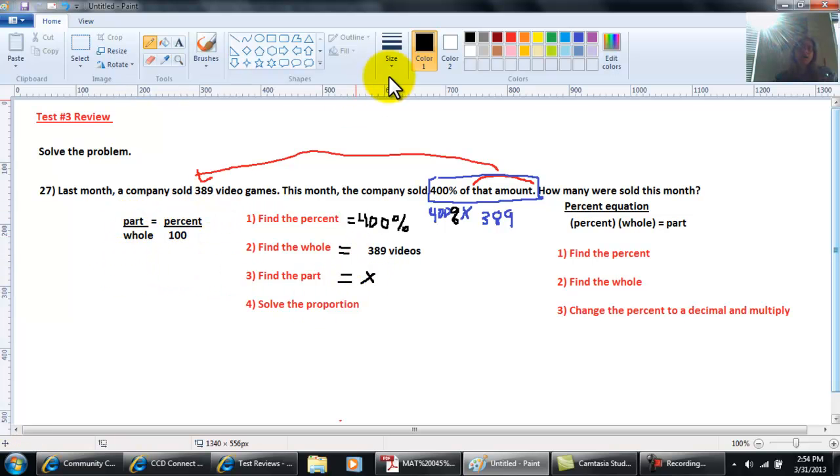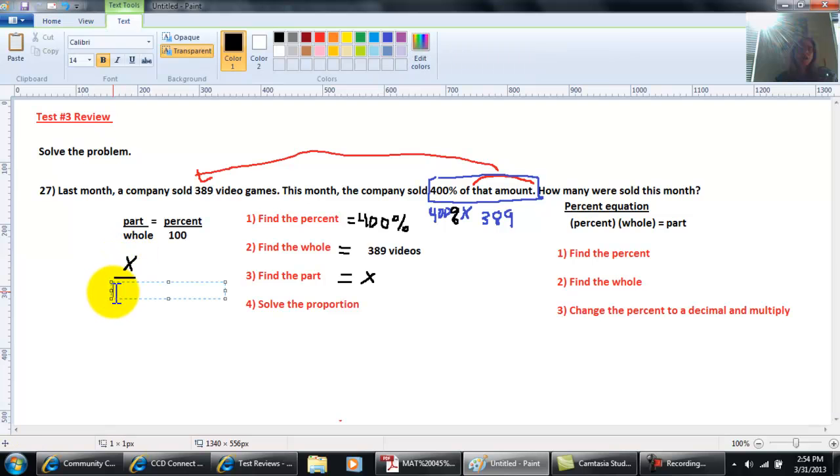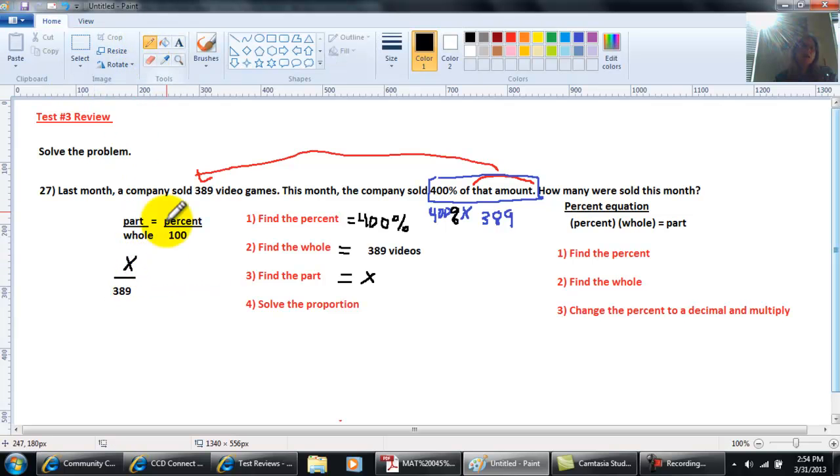The part is X over the whole, which is 389, and we're going to set that equal to the percent over 100.